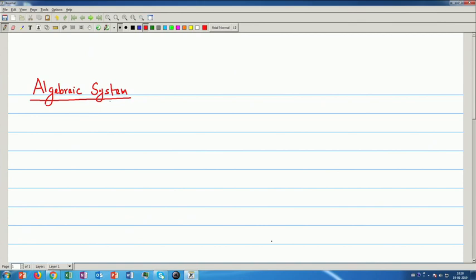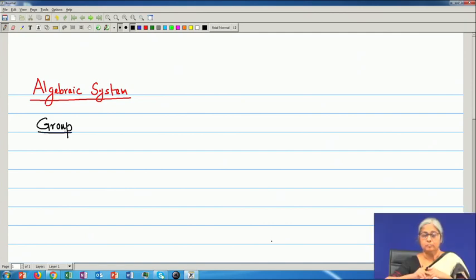Now, if we remember, we have read the general properties of algebraic systems: the closure property, the associative property, the commutative property, the identity, and the inverse.